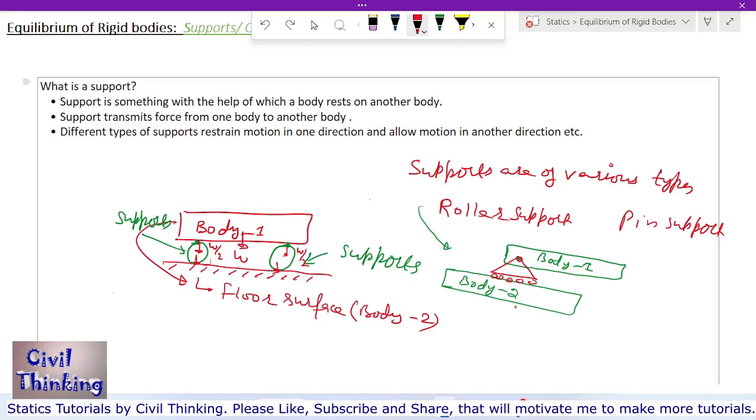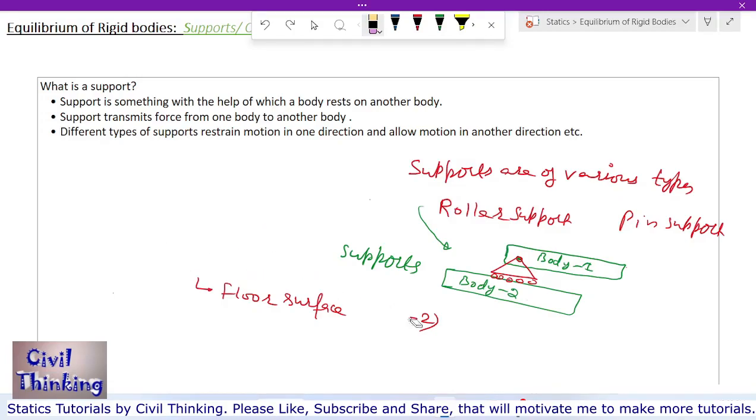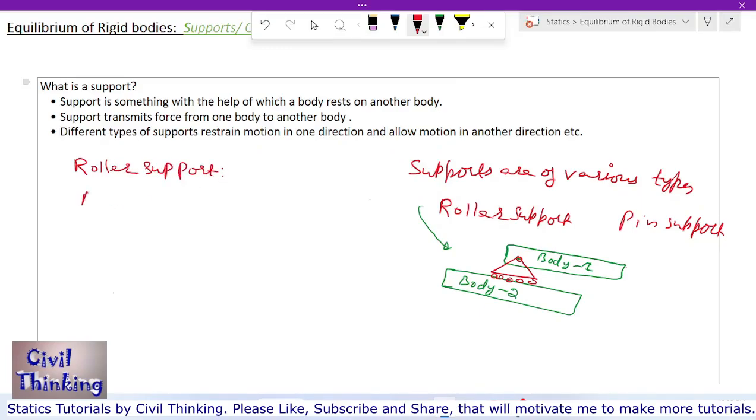So the roller support, what it does, it allows rotation, and it allows left right motion.